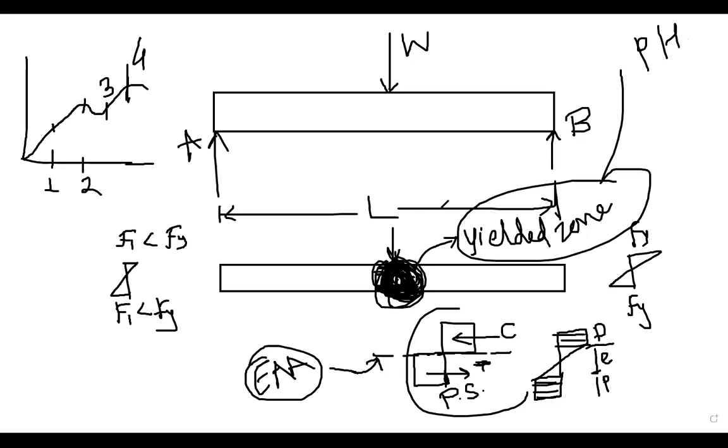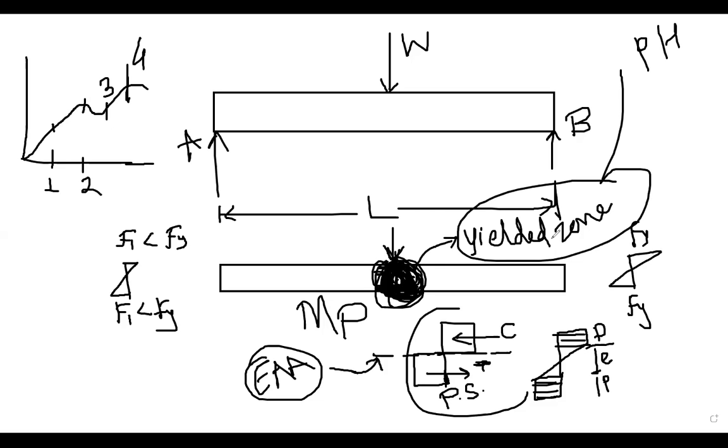What is the yielded zone? The yielded zone is where each and every fiber below the load, where there is a bending moment, that moment is called the plastic moment, because the section is a plastic section. The moment is your plastic moment.